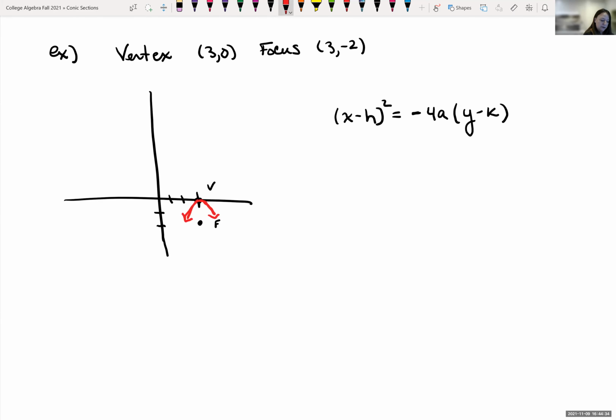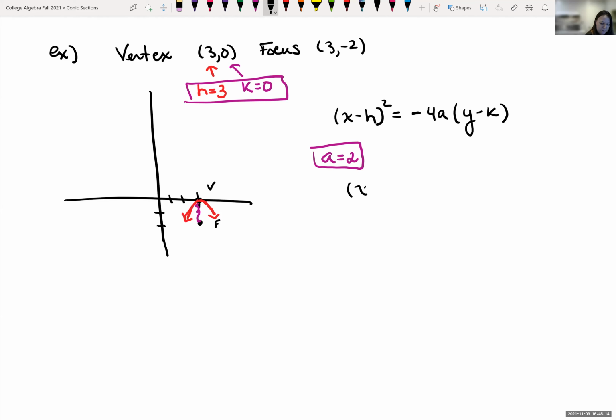Okay, well, we're given certain information, right? We got the vertex. We know that h is 3, and we know that k is equal to 0. We also know where our focus is. And our a value, we add or subtract from our vertex to get there. So that a value from 0 to -2, a would have to equal 2. So let's just plug in these values for h, k, and a, and then we have our equation.